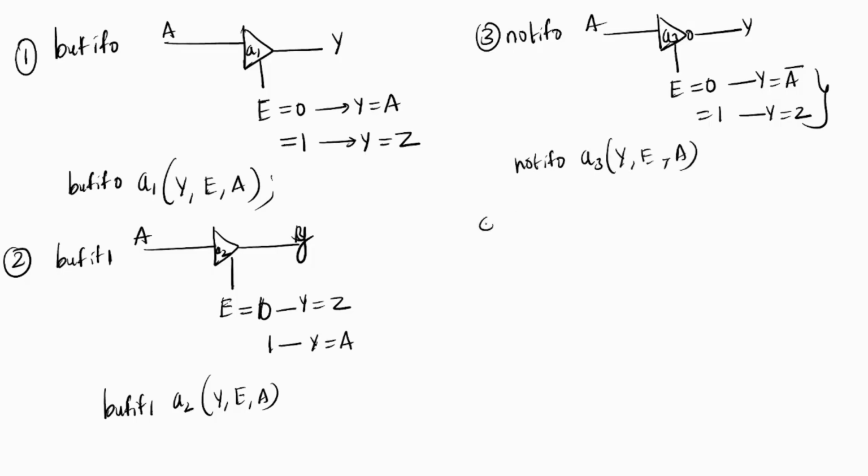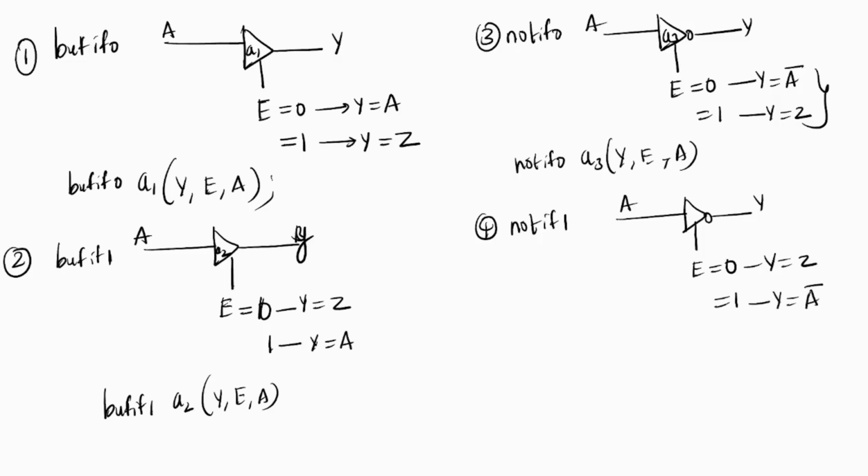Similarly, you have not if 1. Not if 1 means this is a NOT gate or inverter. You have input A and output, and one more enable pin. Enable equal to 0, it will be in the high impedance state, and enable equal to 1, it will act as an inverter.